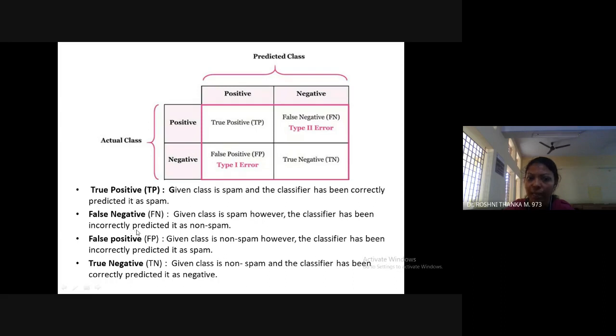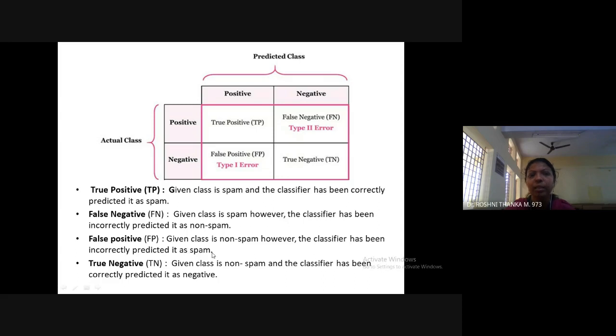What is a false negative? It gives a negative result, but it is false. Which means, given the class is spam, the classifier has incorrectly predicted non-spam. It gives the negative result, meaning not spam, but actually it is false. And what is a false positive?